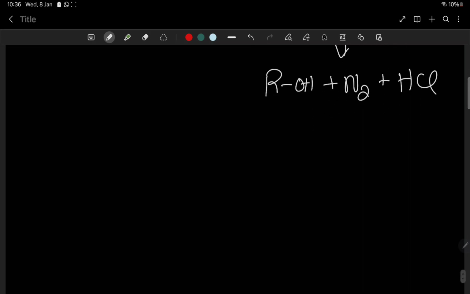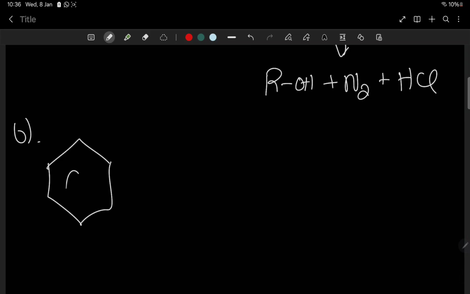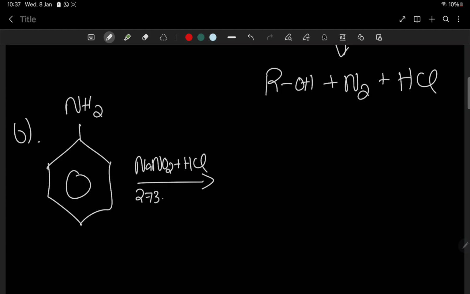Now if you take an aromatic compound and do the same reaction, I am adding NaNO2 plus HCl at 273 to 278 Kelvin temperature.